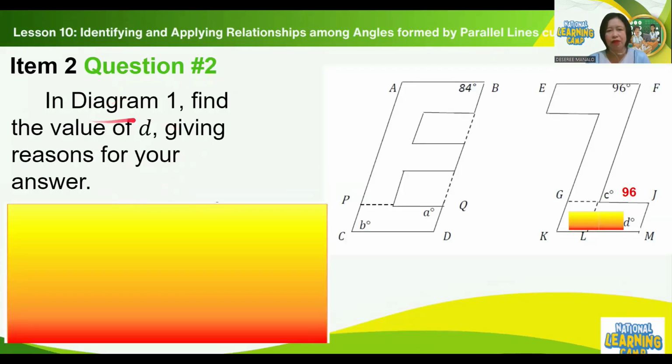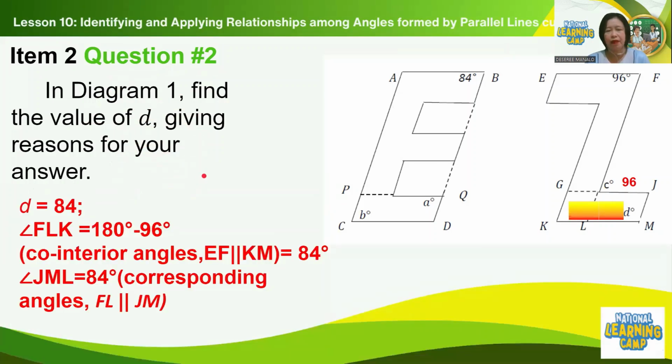Item 2, question 2. In diagram 1, find the value of D, giving reasons for your answer. D is equal to 84. Angle FLK is equal to 180 minus 96, since C degrees is equal to 96, so subtract it from 180.